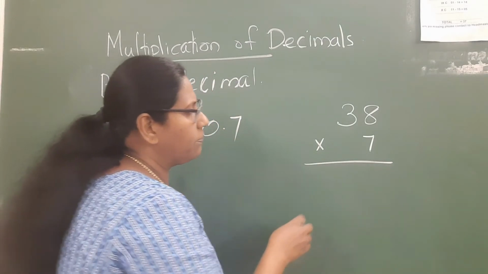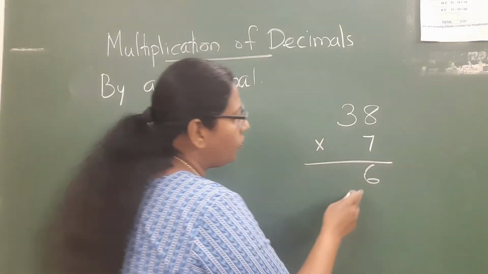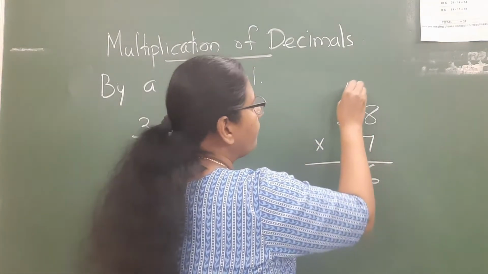Now we have to multiply. 7 8s are 56. So we write 6 here and 5 we carry.